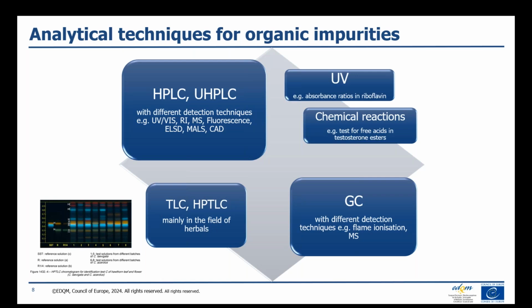And then you will also find some TLC. You can find some TLC in some old monographs, or sometimes in some recent monographs, for example, to control one specific impurity. And there are more and more HPTLC also, mainly in the field of herbals, because it's really a technique that is quite powerful for this kind of products.